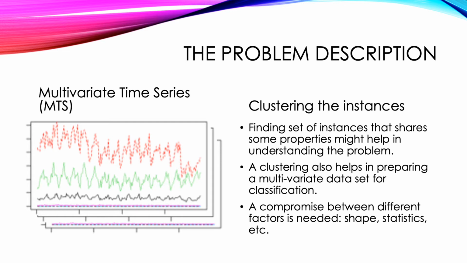And there are some variables that are related among themselves and some others don't. So we need a method that considers this kind of information, but also considers other factors such as the shape or statistics, etc. There is no single or easy solution for this, and the main problems are problem dependent.